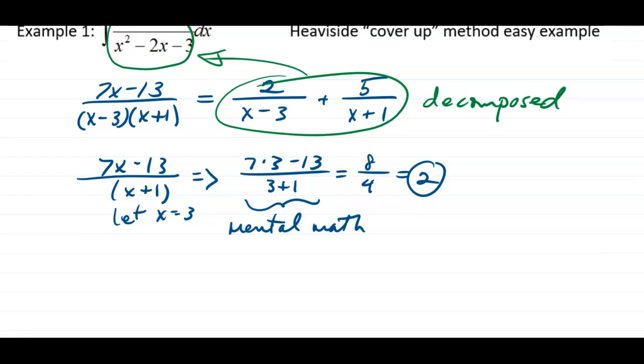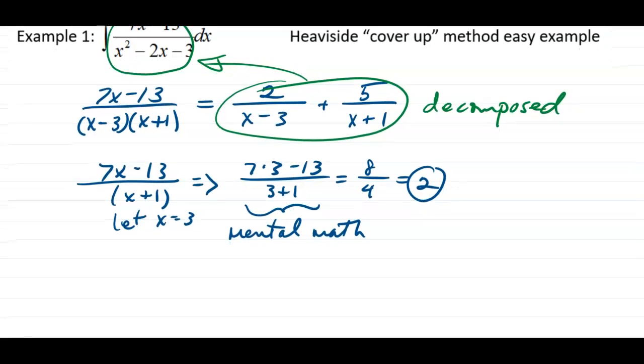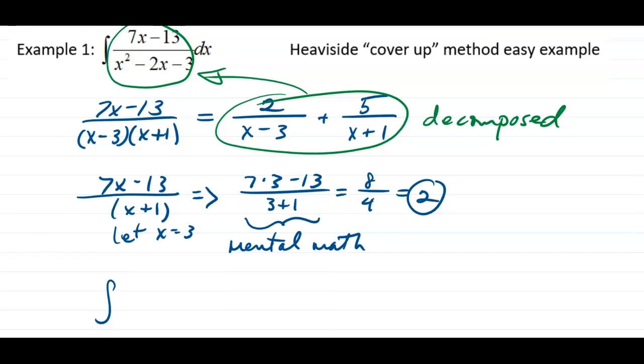So let's do that now. And we're going to see that this makes this integral, which did not look too tractable at first, pretty easy to deal with. So the integrand is now 2 over x minus 3 plus 5 over x plus 1 dx.